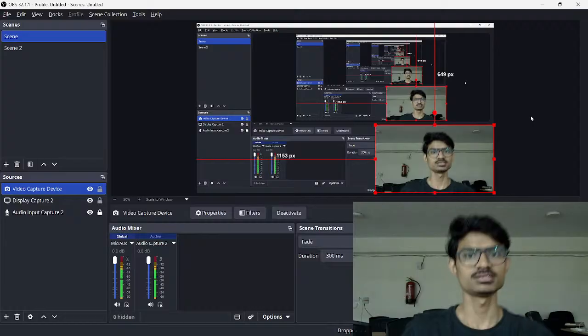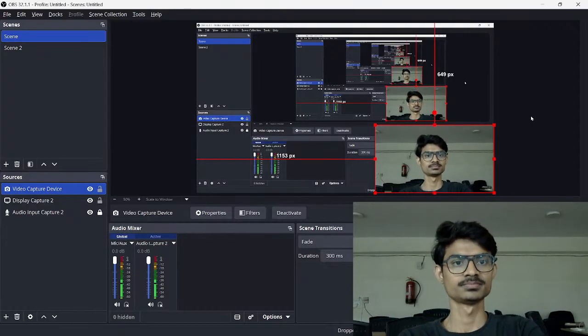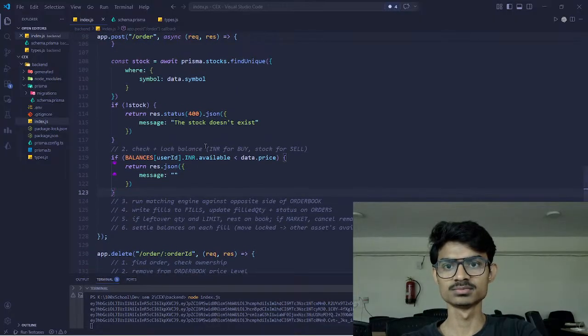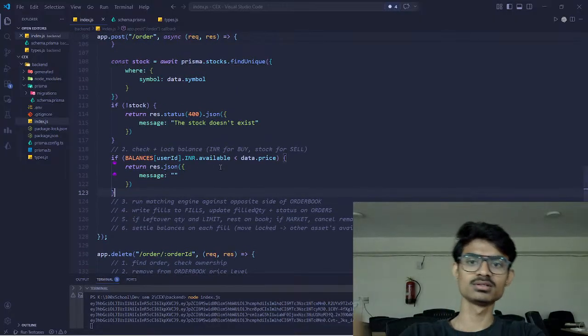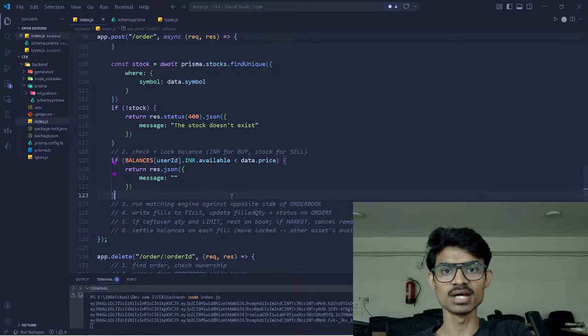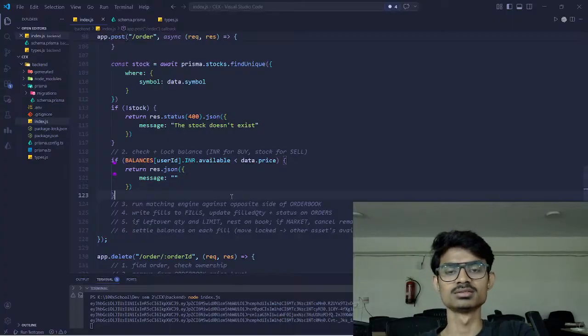All right, guys. So what I am doing here is checking the available balance and comparing the price that we are trying to buy for, right?